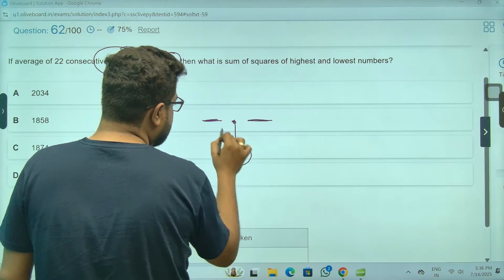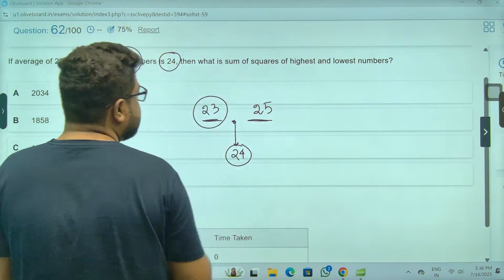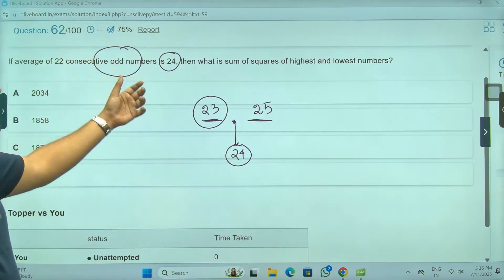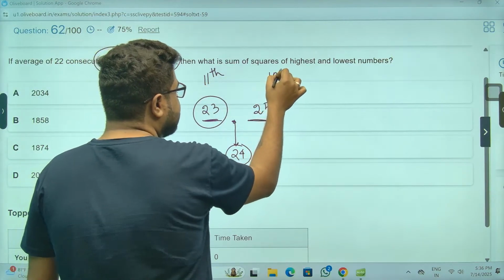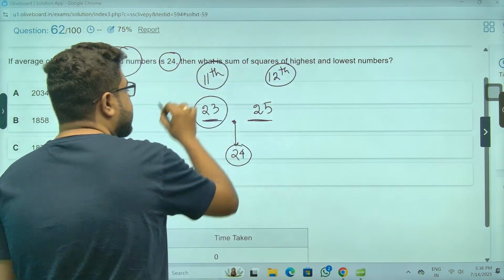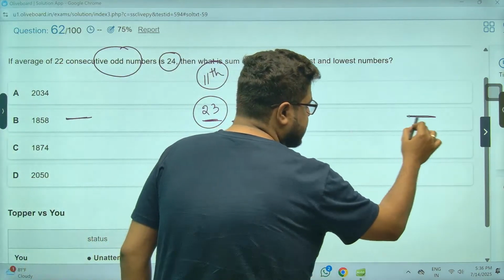So this is 23 and this is 25, meaning this is the 11th number and this is the 12th number. What will be the smallest number and the largest number?